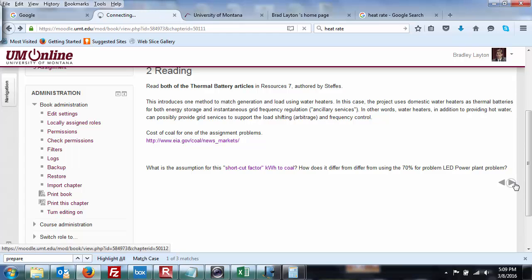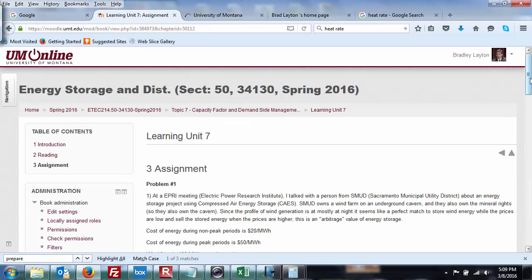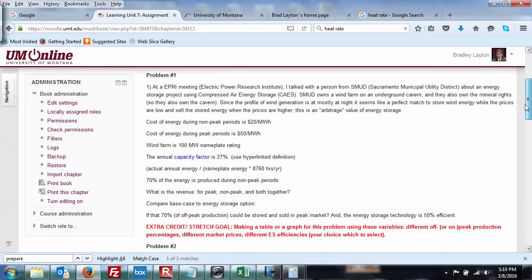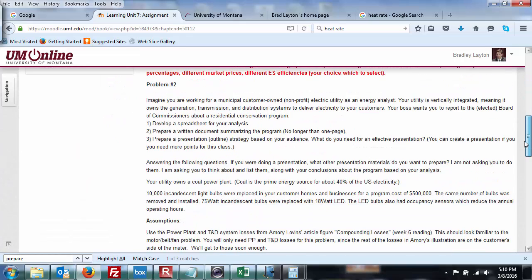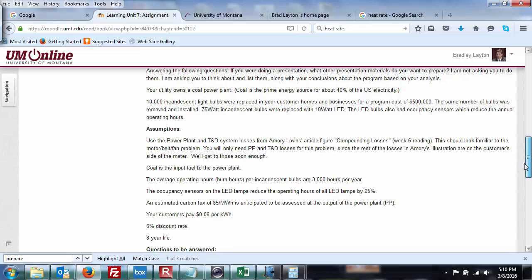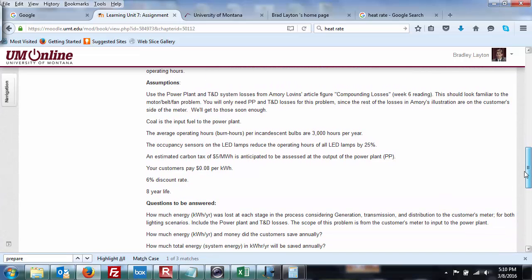Problem 2. Customers pay 8 cents per kilowatt hour.